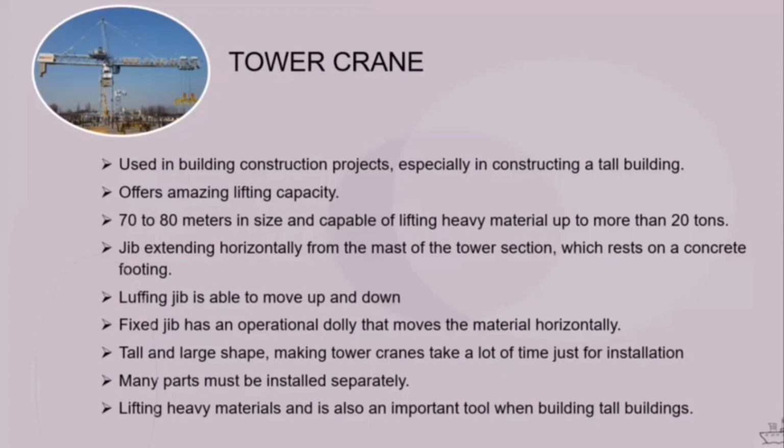Tower cranes have a jib extending horizontally from the top of the tower section, which is set on concrete footing. The luffing jib is able to move up and down, while the fixed jib has an operational dolly that moves the material horizontally.